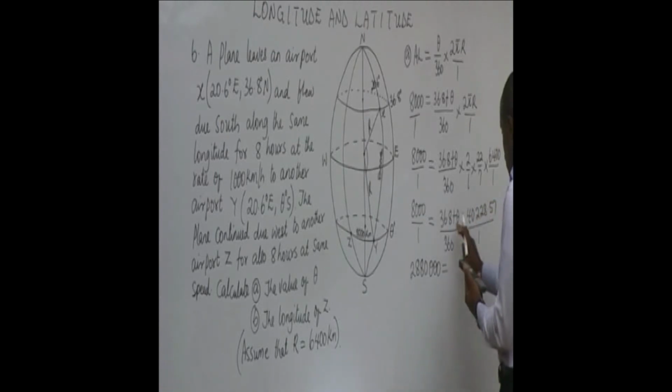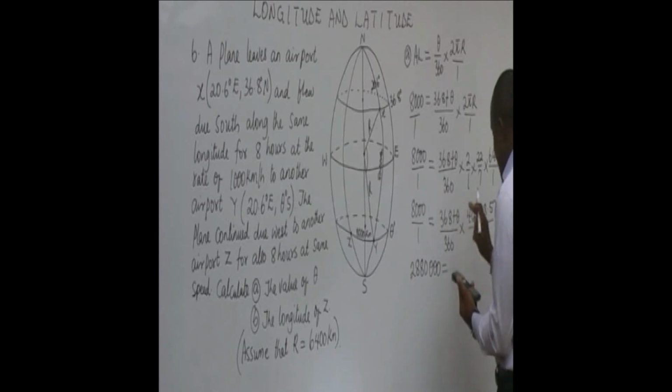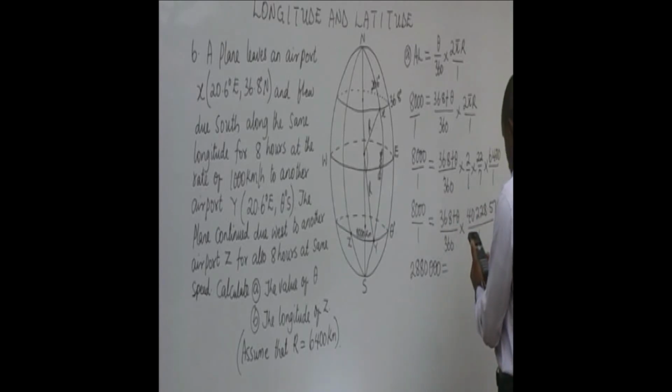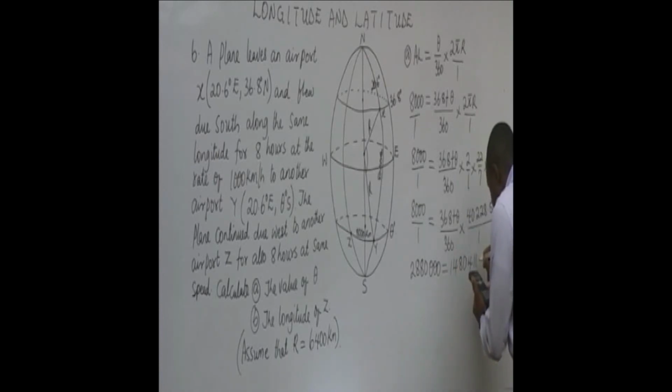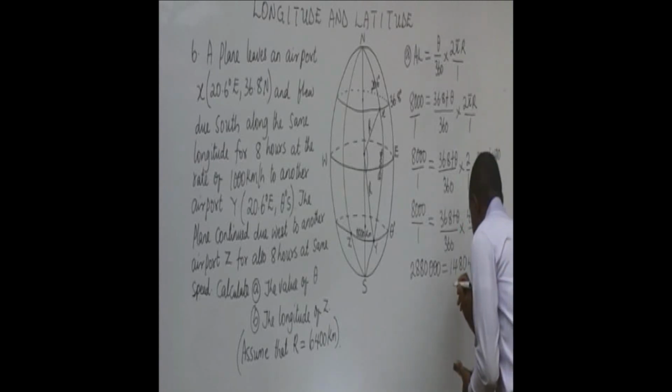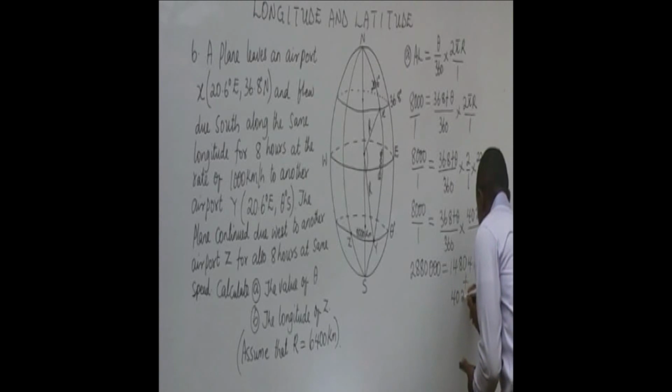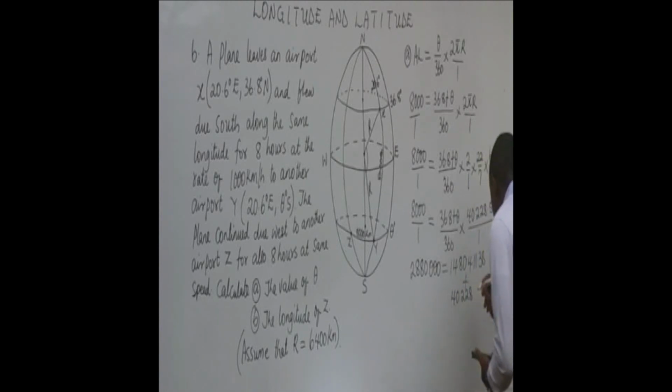Remember, you multiply this and you add it to this multiplying theta. So we're going to have 14,411.38 in 2 decimal places, then plus this value with theta, 40,228.57 theta.